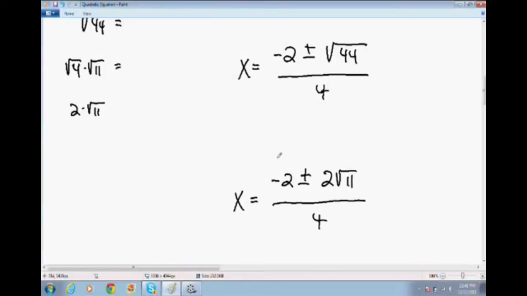We have 3 terms: a -2, a 2 square root of 11, and a 4. And if you notice, all those 3 terms have a common factor of 2, because -2, 2 square root of 11, and 4 can each be divided by 2 easily. So since they all have a common factor of 2, we need to simplify this even more.